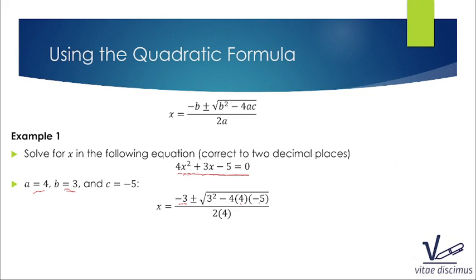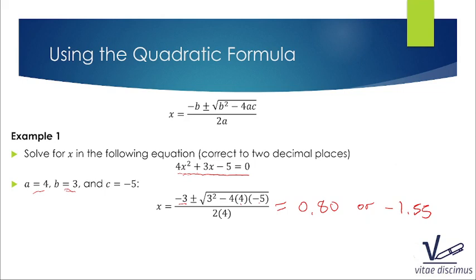I get the first solution as x equals 0.80 to 2 decimal places, or when I use the negative, I get the solution x equals minus 1.55 to 2 decimal places. That's how we easily solve that using the quadratic formula in our calculator.